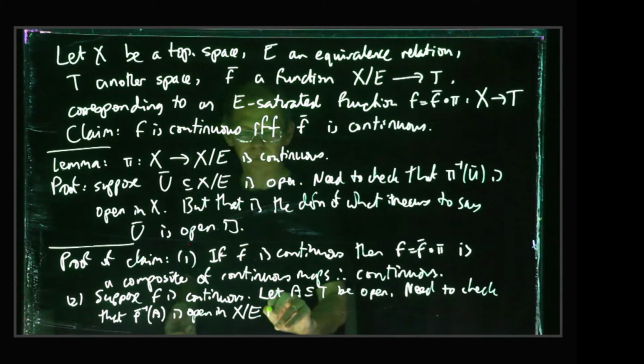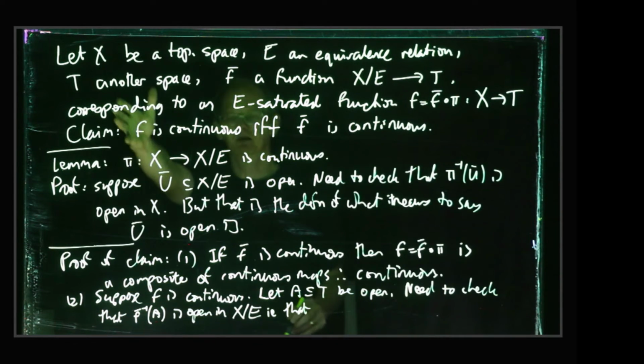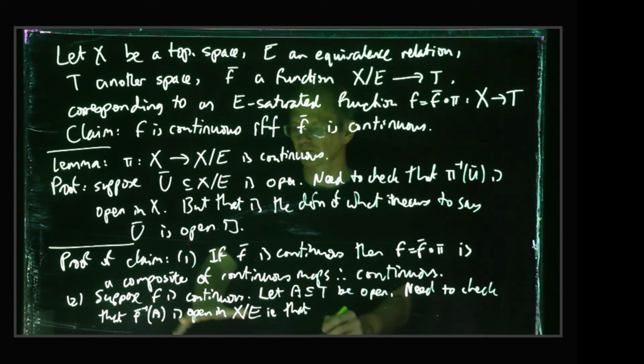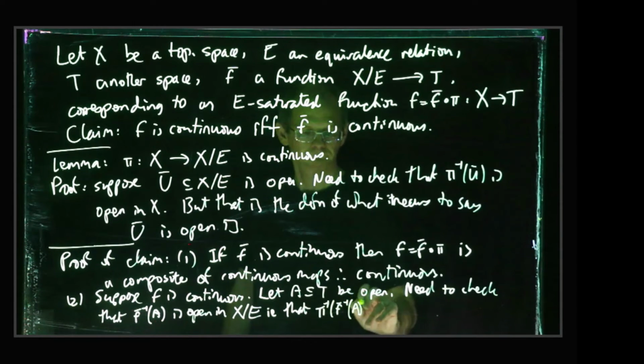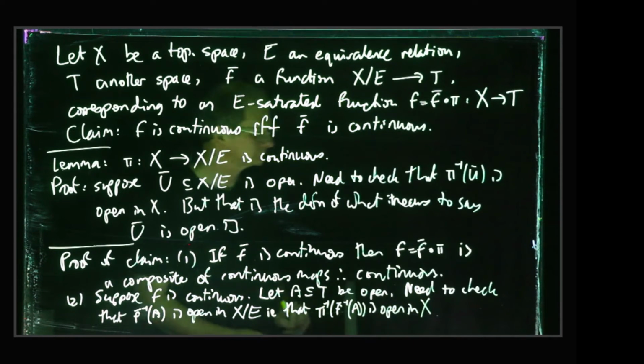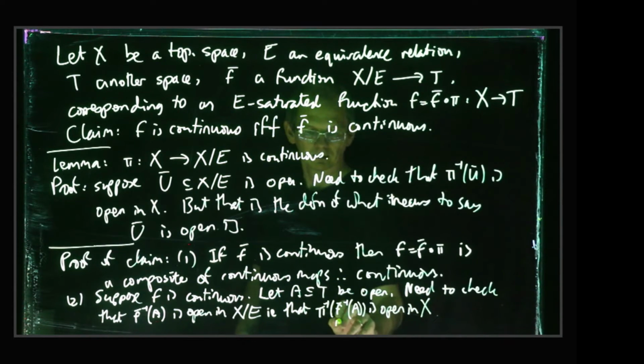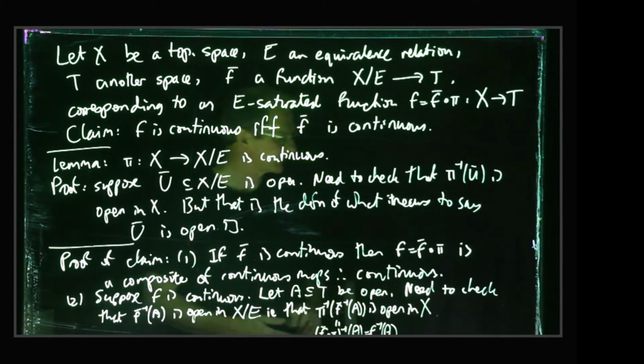But what does it mean to say that a set is open in X mod E? Well, by definition, it just means that the preimage pi inverse of it is open in X. But this is just pi inverse of f bar inverse of A, which is f inverse of A, right?